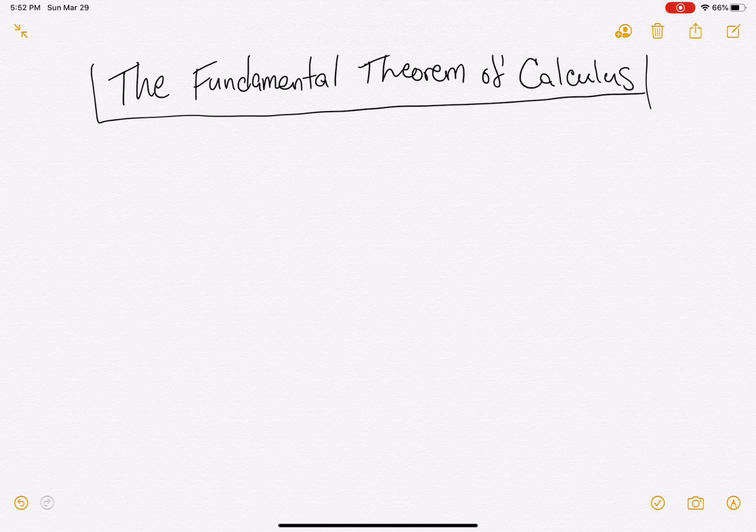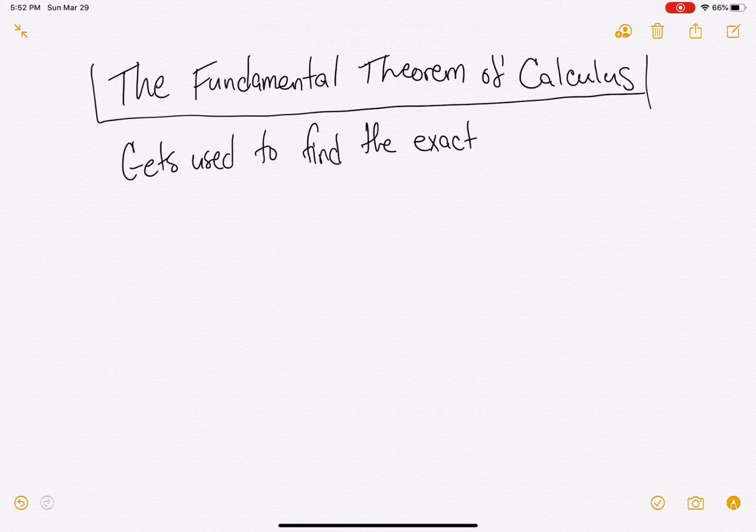And this gets used to find the exact, and this is no longer approximate, area under a curve.